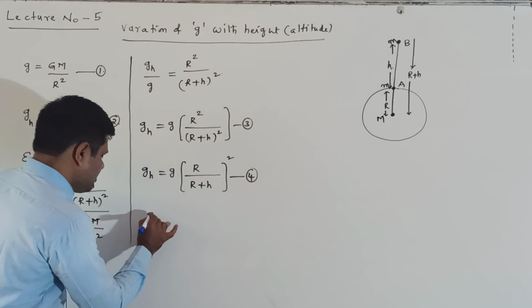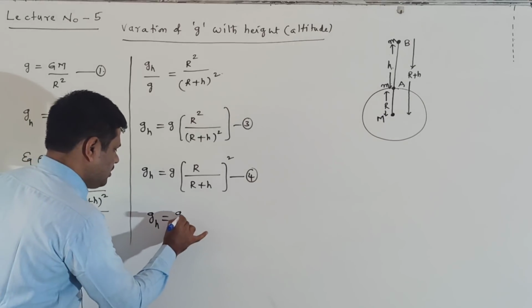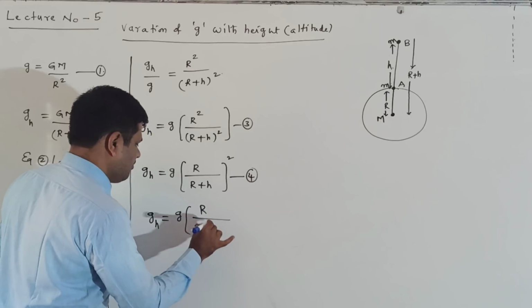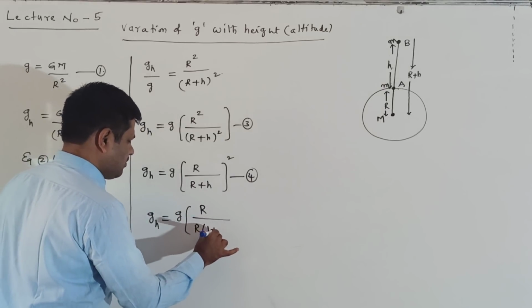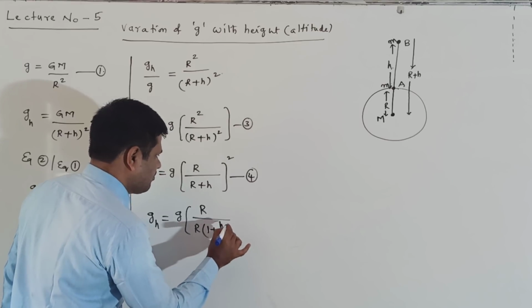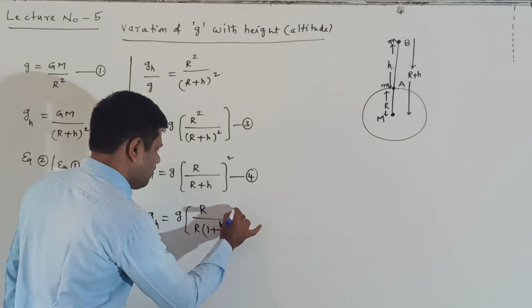Now we change this into another form. Taking r common in the denominator, r by r gives 1, and dividing h by r gives h by r, whole square.